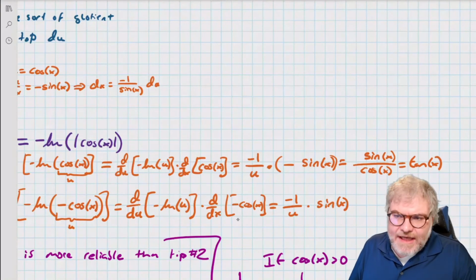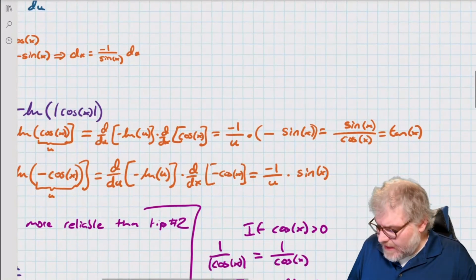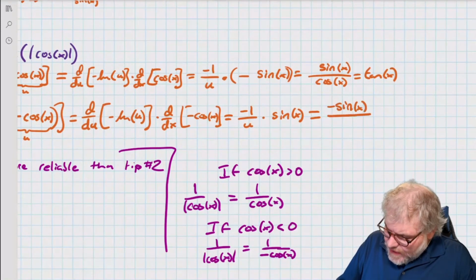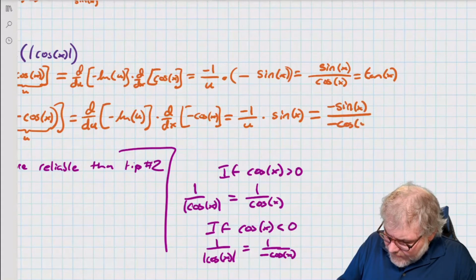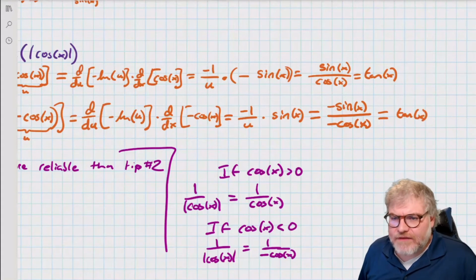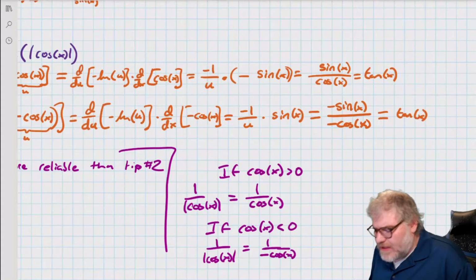Right here, I've got negative cosine of x. I take its derivative, I get regular sine of x. And now I substitute back in my u. I get negative sine of x over negative cosine of x. So both branches work out. The negatives cancel on the negative version, and I wind up with the tangent of x.